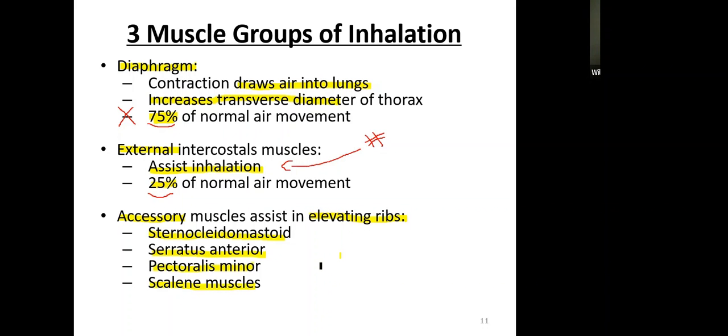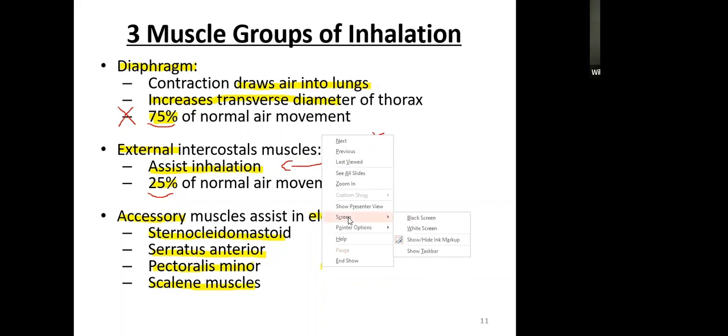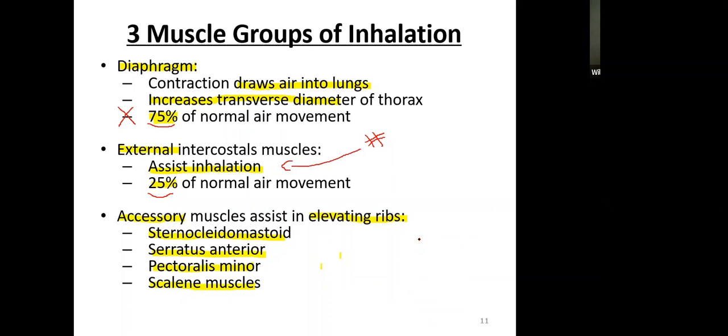Now, I'm also going to link a bit of clinical stuff into this. I know you probably have had many patients who've got asthma. What's one of the signs that you see with the accessory muscles in asthmatic patients?